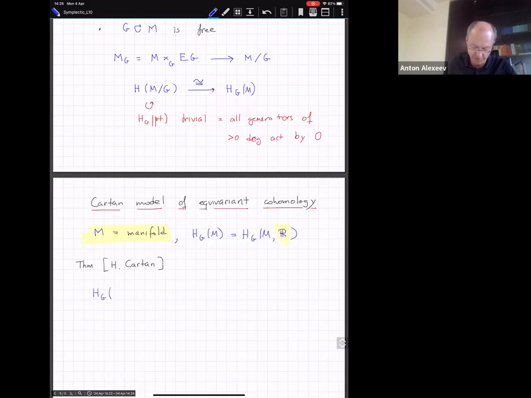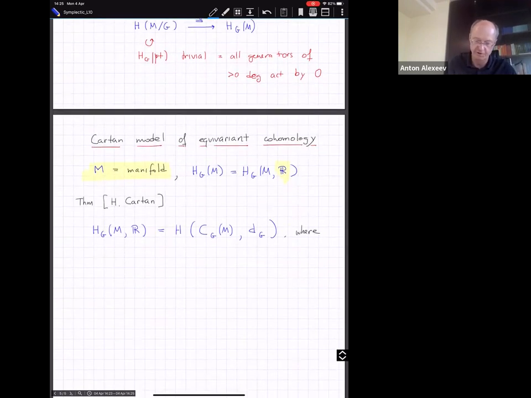This equivariant cohomology with real coefficients can be computed as the cohomology of the Cartan complex with respect to the Cartan differential, where the Cartan complex and the Cartan differential are built of differential forms on M. So what are those gadgets?